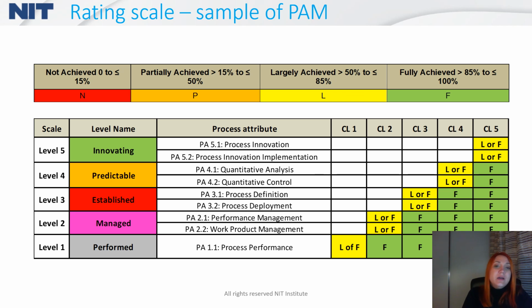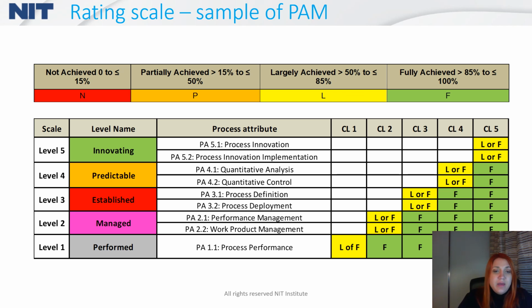Now let's check what are the possible capability levels while we are rating the separate PIs. For example, here in this table, you will see that having capability level 1 for some process means that you either need to have largely or fully for the process to be treated as a process on level 1.